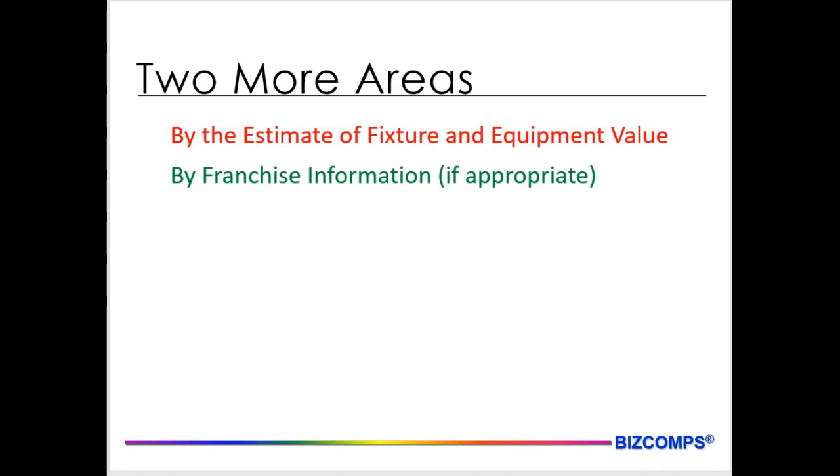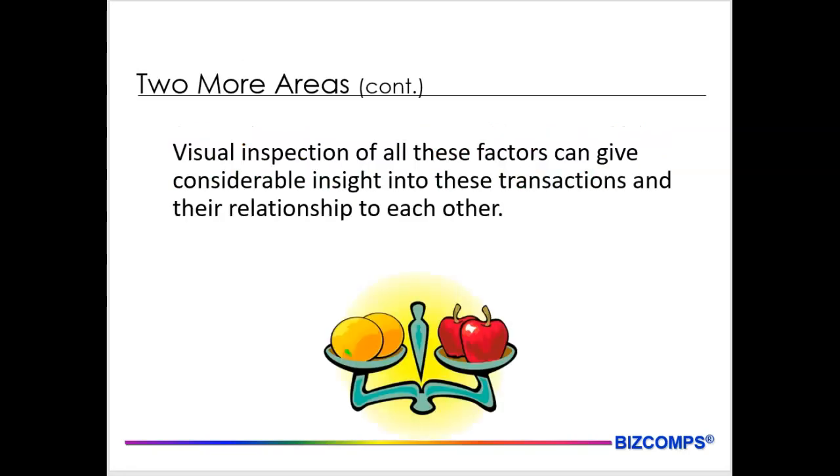Next, we're going to look at these individual areas of comparison one by one. The reason that's important is visual inspection of these different categories can give some good insight into the transaction and the relationship both to each other, the overall sample, and to the company that you're analyzing or valuing.